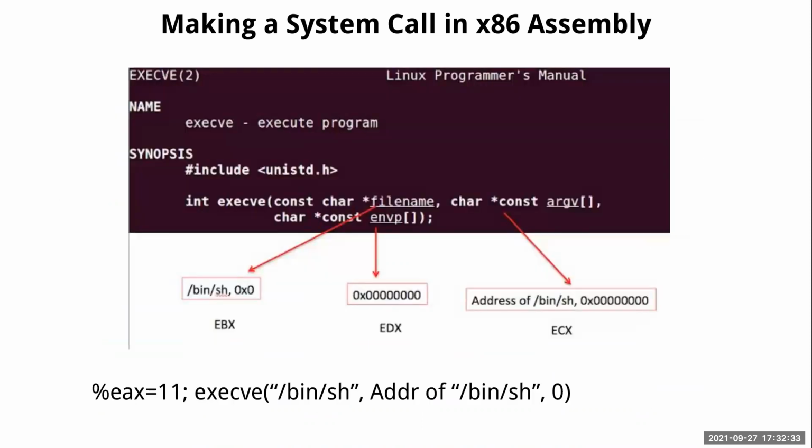If you want to know the arguments for any system call, in any terminal you can type man, which means manual, then man 2 and the system call name. It will give you something like that. The 2 here means this is a system call. I can quickly show you.